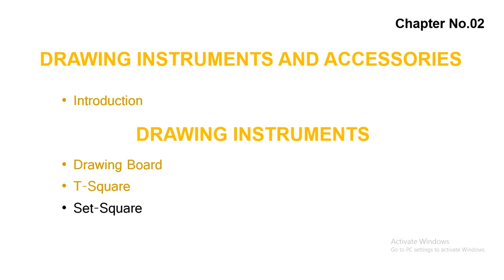All such angles can be made with the help of the set square. In addition to being divided into 15 degrees, they are also used to draw parallel lines and vertical lines.